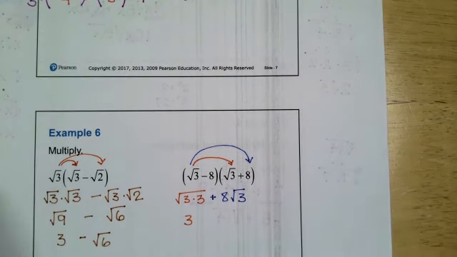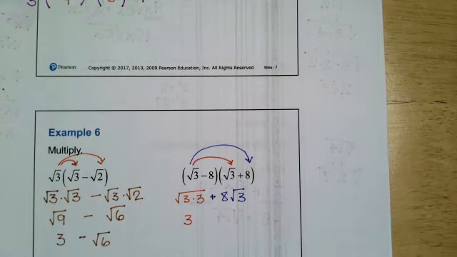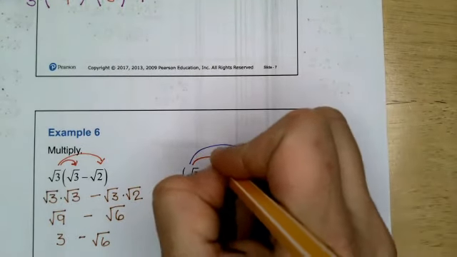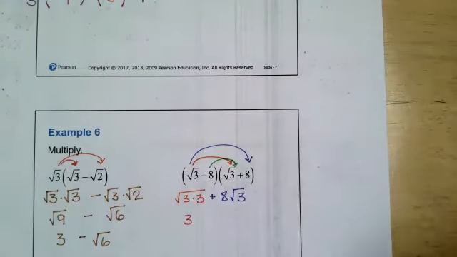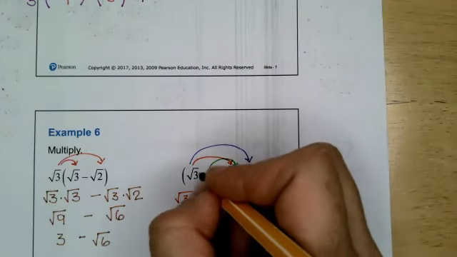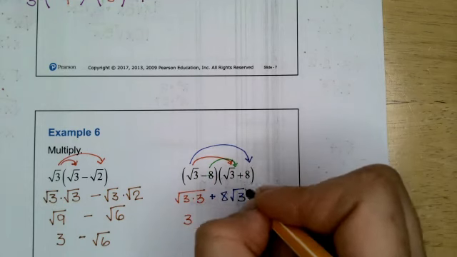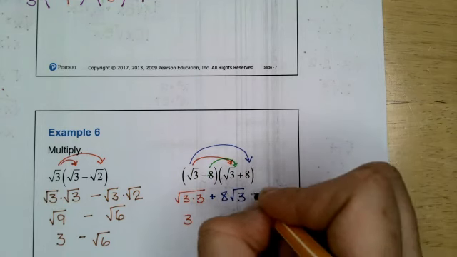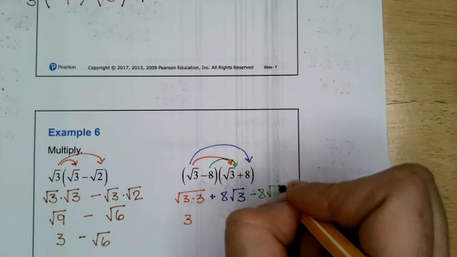That's all you have to do. Okay, because those are two different parts, they don't get multiplied together. Their form doesn't change, right? This one was outside, this one's inside. So we have plus 8 square root of 3 minus 8 square root of 3.